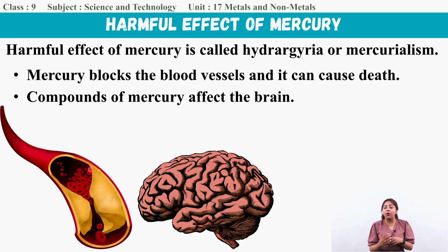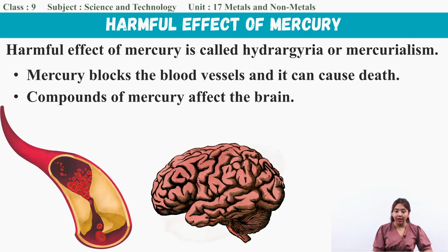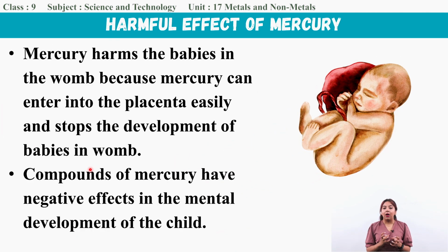Not only that, compounds of mercury are very harmful for our brain as well. Mercury also harms babies inside the womb. Even though the placenta acts as a barrier between the mother's body and the baby's body and prevents so many harmful things from reaching the baby, mercury can cross the placenta easily.